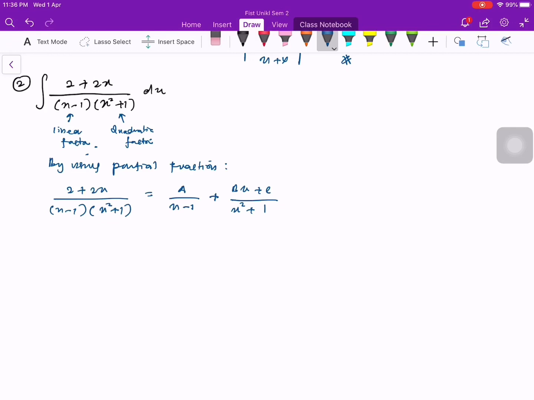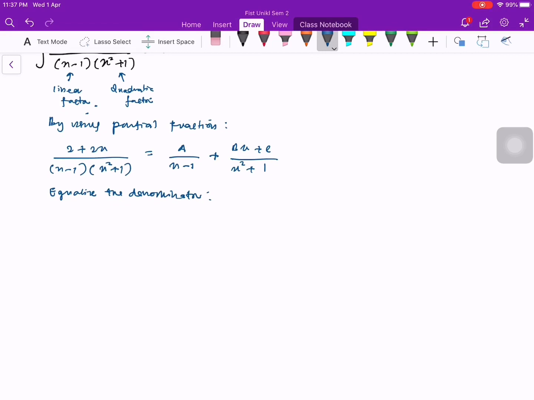Then the next process is we're going to equalize the denominator. Then we are going to have 2 plus 2x equals a times (x squared plus 1) plus (bx plus c) times (x minus 1).